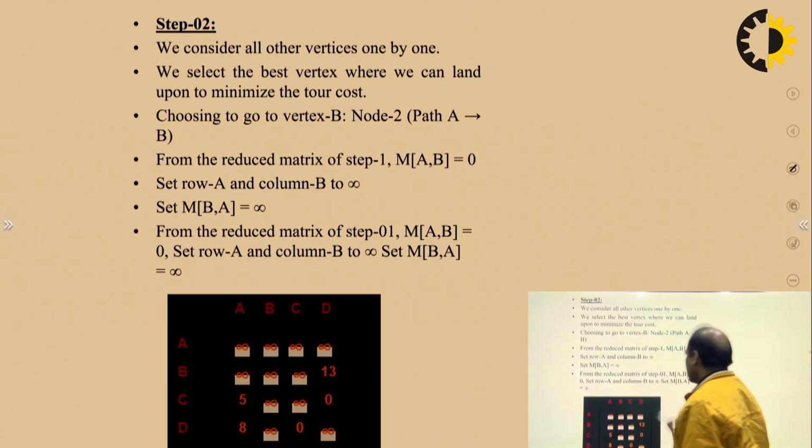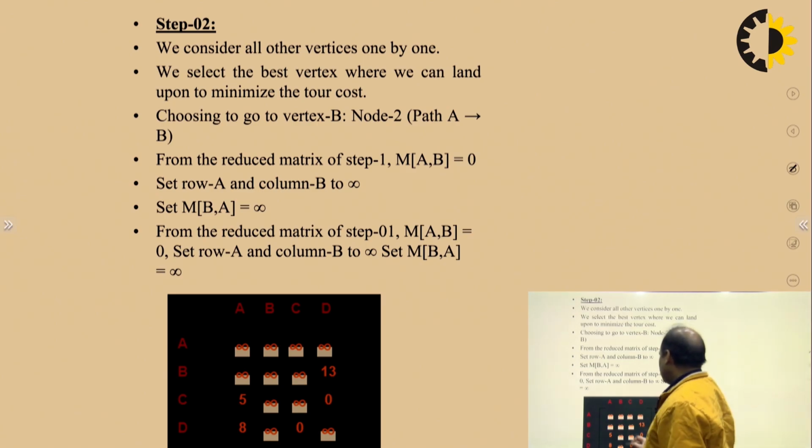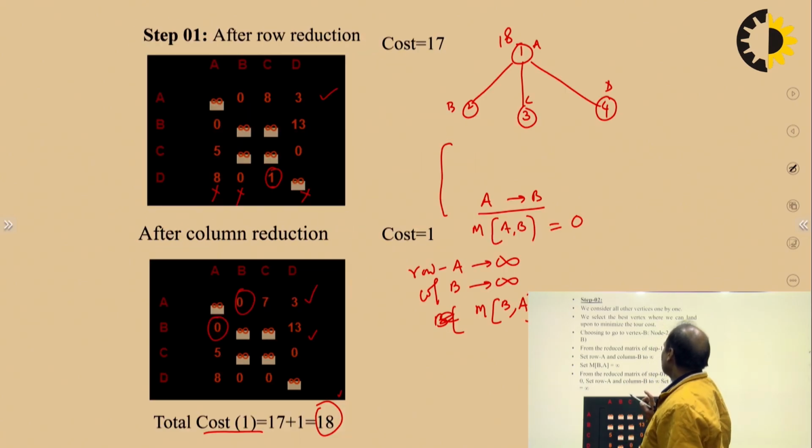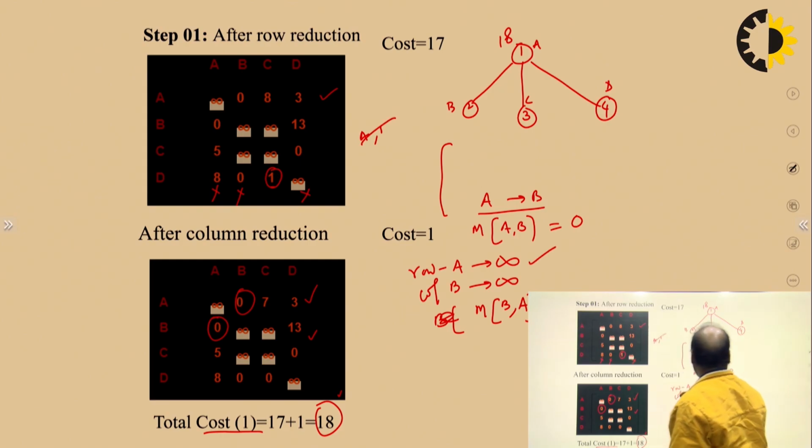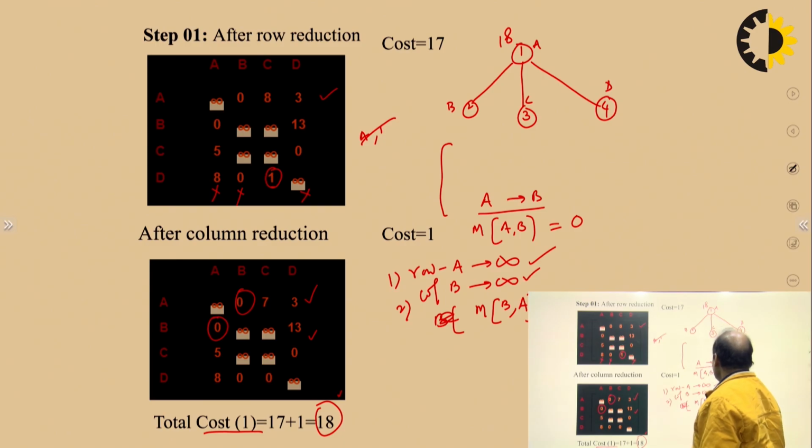B to A is also going to be infinity. So three major changes you do if you go from A to B. What are the major changes? Number one, row A infinity. Number two, column B infinity.